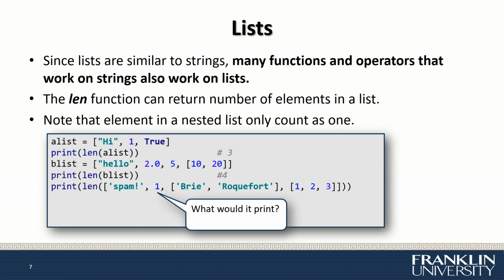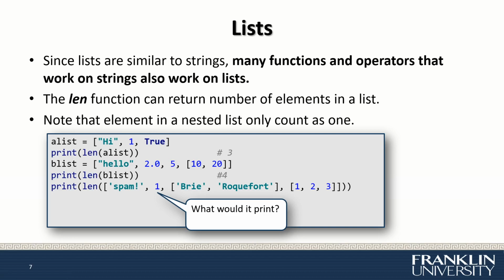And since lists are similar to strings, many functions and operators that work on strings also work on lists. For example, the len function returns the number of elements in the list also. So for example, if I have a list of 3 elements, hi, 1, and 2, print len of a list, what do you think I'm going to print?